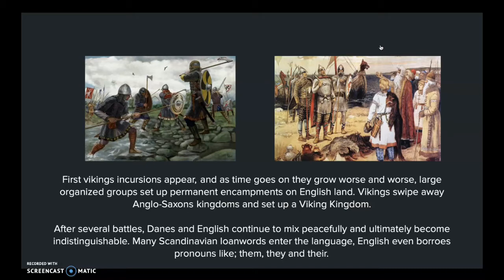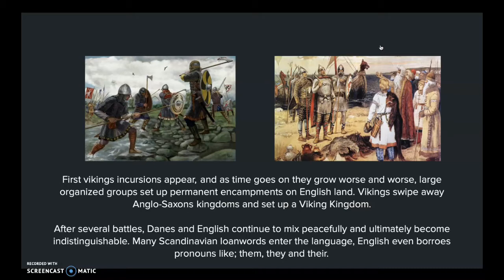With the Anglo-Saxon kingdoms swept away, the Vikings set up a new kingdom, and this also helped the English language evolve and become a little bit different from what it was before the appearance of the Vikings.